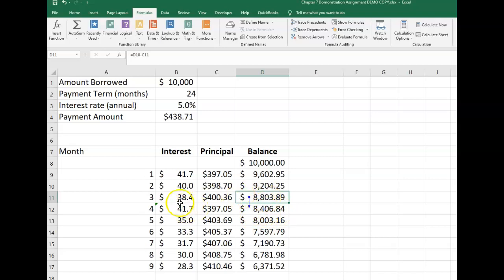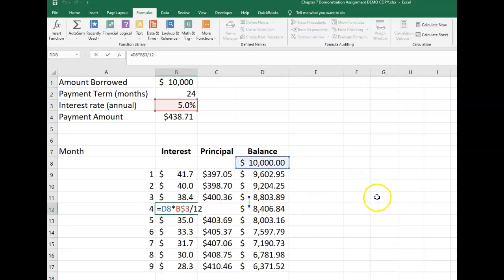It looks like this interest calculation is not dependent on the principal balance immediately before the application of interest for the month. So there's something wrong with this. Let's take a look at the formula for B4.